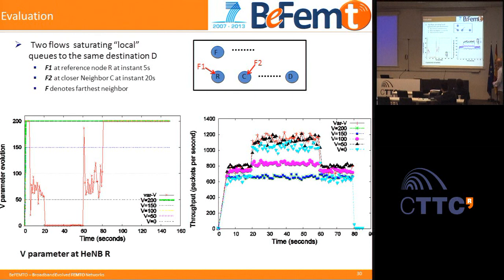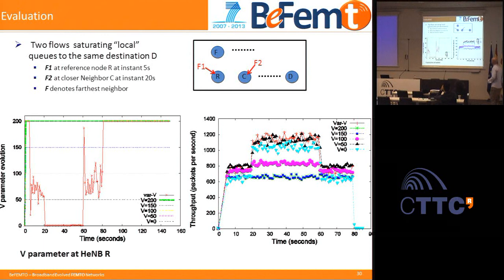In the left graph we plot the evolution of the V parameter in time, and on the right graph we plot the evolution in time of one of the target network performance metrics in a network of femtocells for different instances of the V parameter and the variable V algorithm.